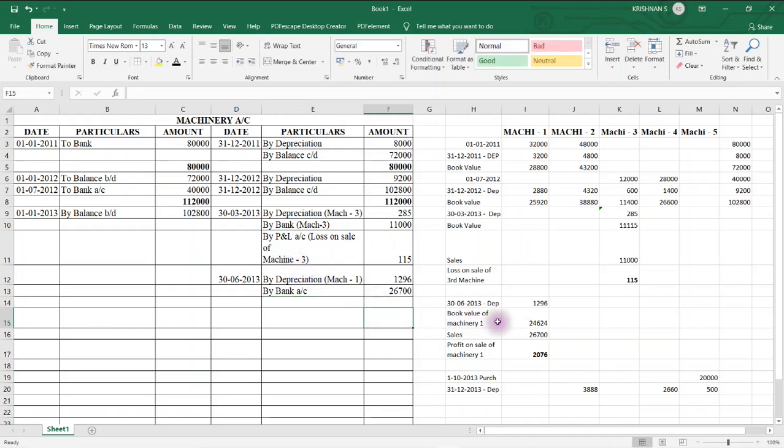See, this is loss on sale of machinery 3, but here we have profit on sale of machinery 1. That's why here, 30/6/2013, by P&L account.